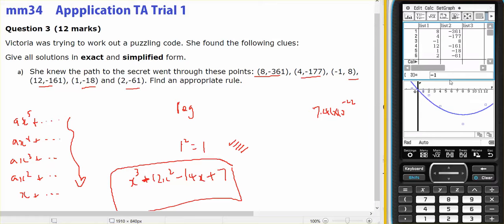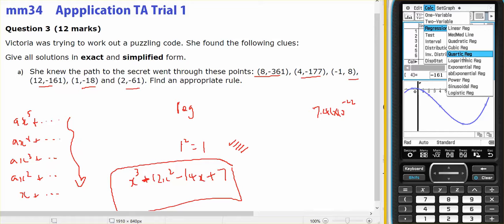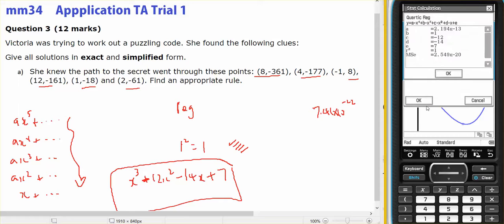If I was to continue this and actually do a calculation of a quartic, I also got an r squared equals 1.